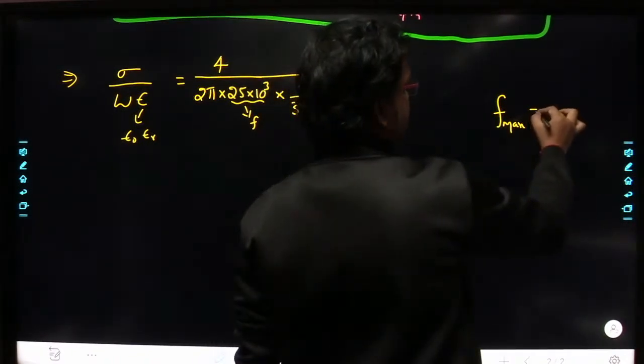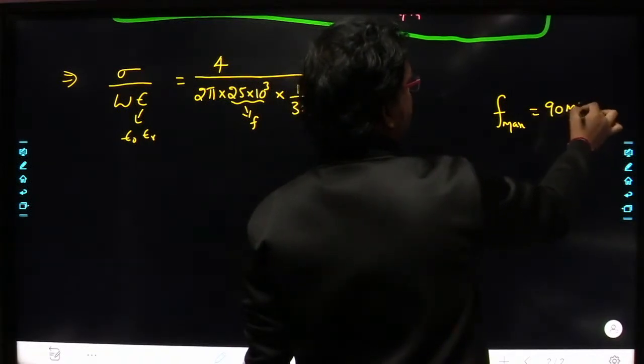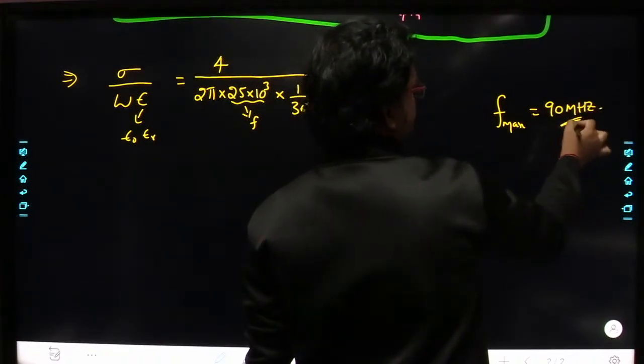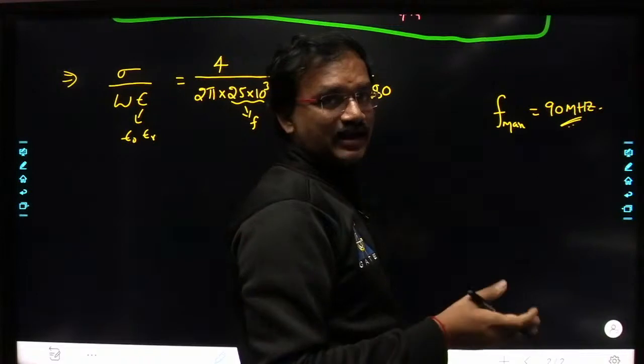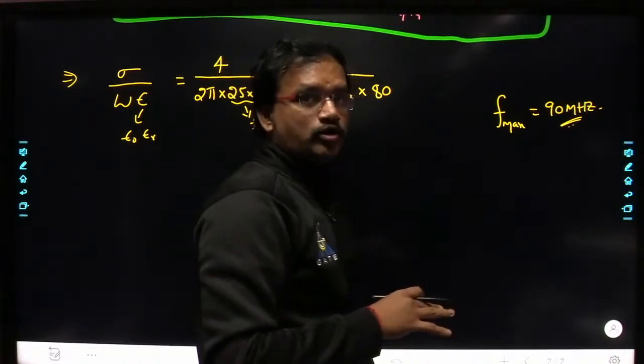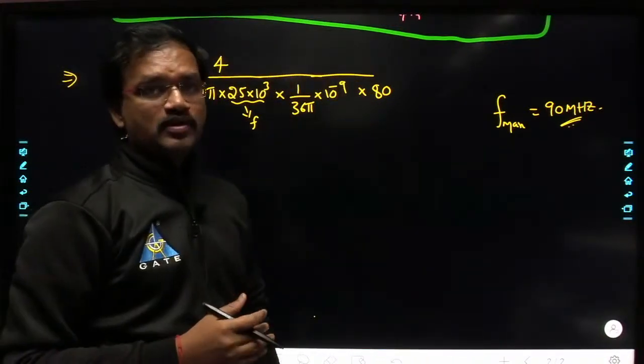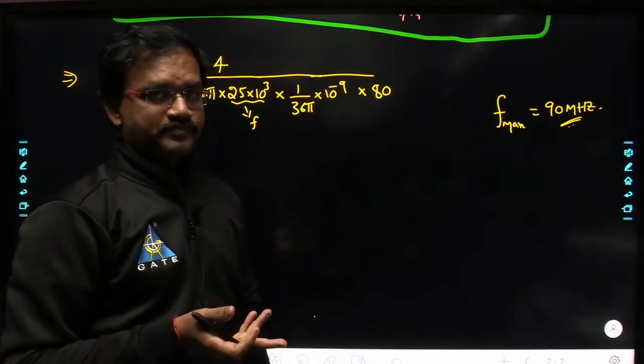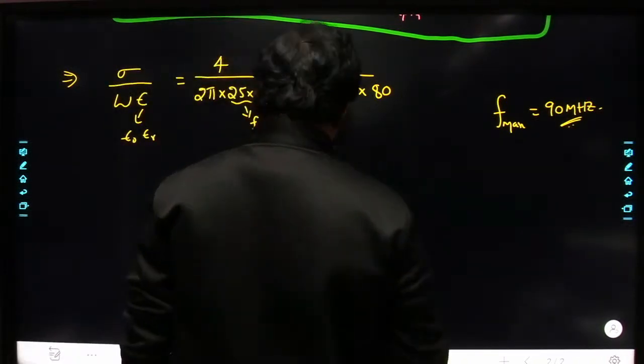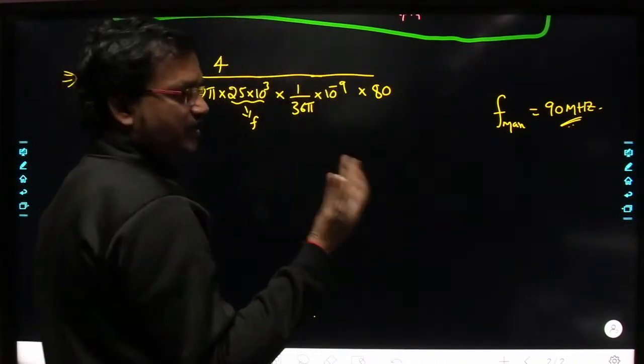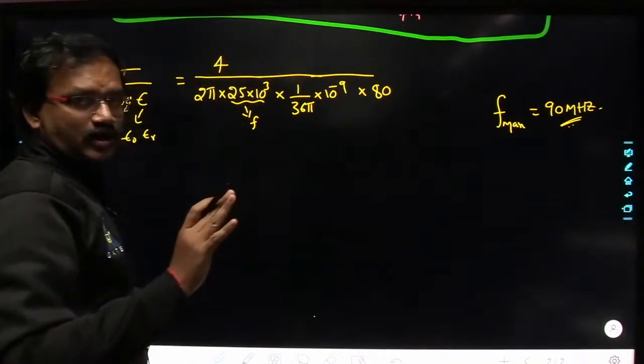In the previous session we have seen, that is 90 megahertz. So if the frequency is less than 90 megahertz, the seawater is going to behave as a good conducting medium, right? So without solving this, we can say that the medium is a good conducting medium.